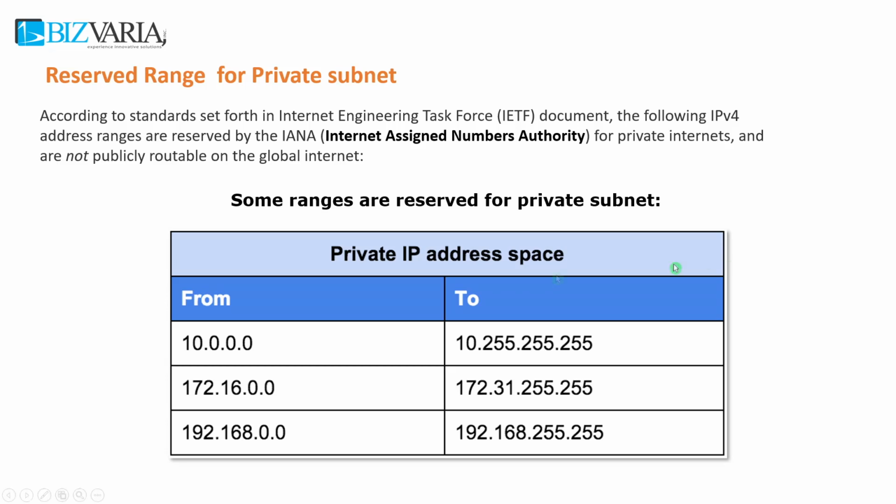So from 10.0.0, see the prefix is 10, and then we have prefixes like 172 and 192. So from this range to this range will be used for private purposes, for the private devices, for the private subnets. So remember, this is also an important thing.